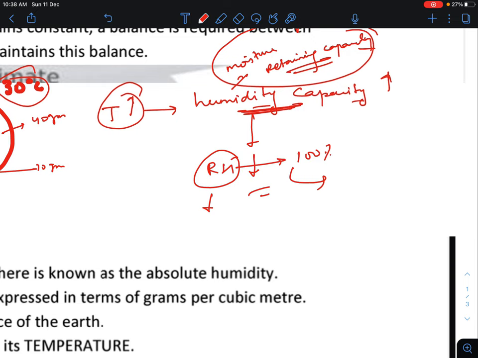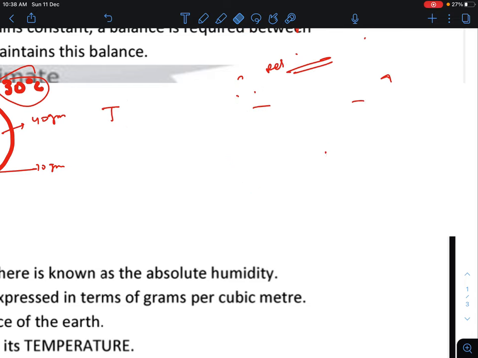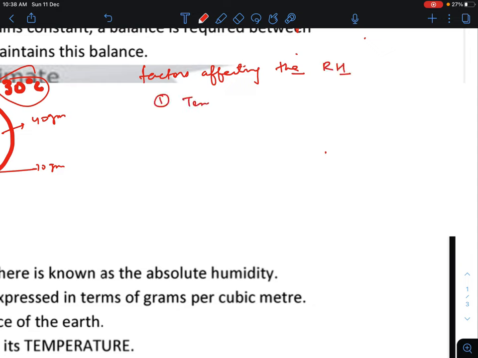First one is temperature. As we have already studied, the temperature has an inverse relation with RH. If we increase the temperature, then relative humidity is going to decrease.